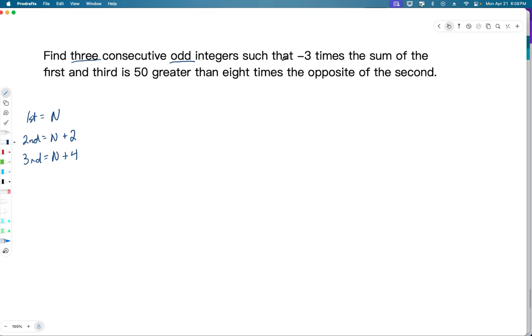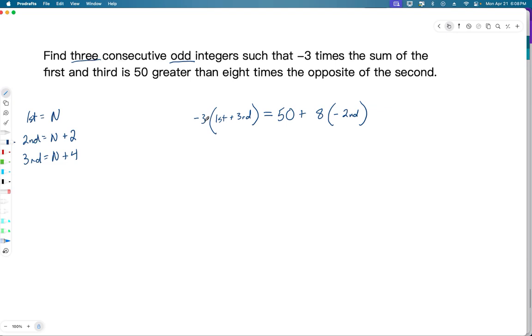Such that, here's our equation, -3 times the sum of the first and third. So first plus the third is 50 greater, so we're going to add 50, then 8 times the opposite of the second.